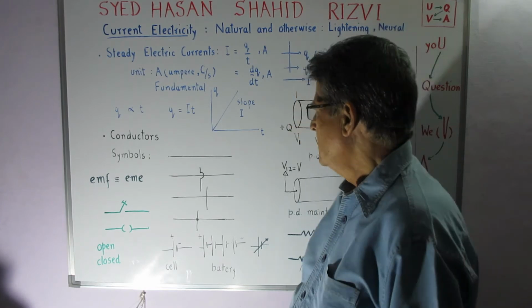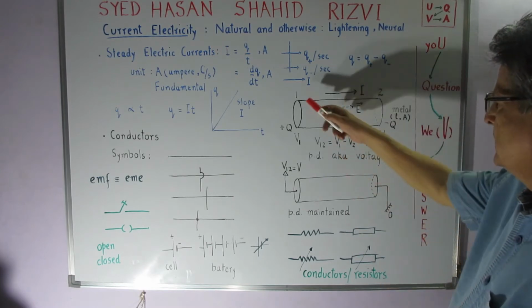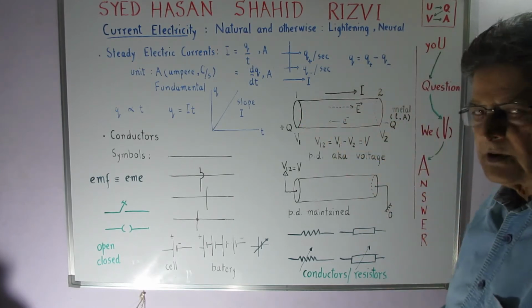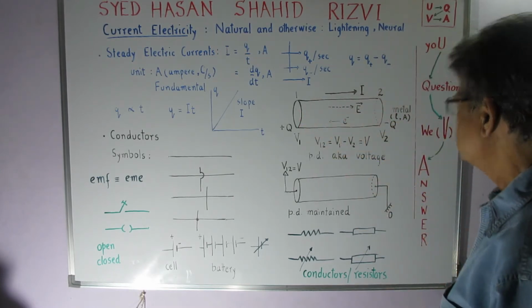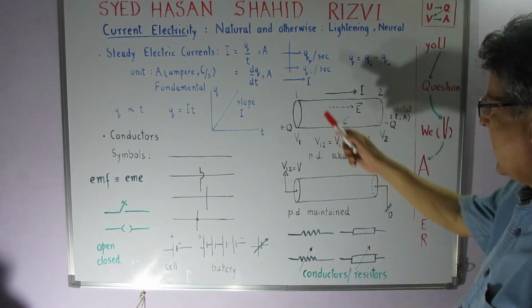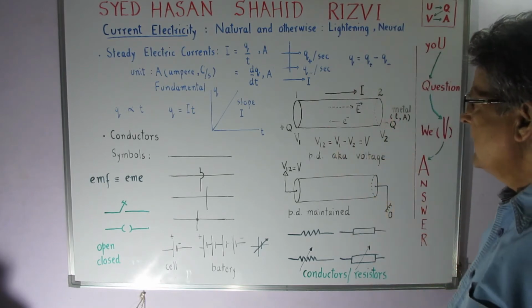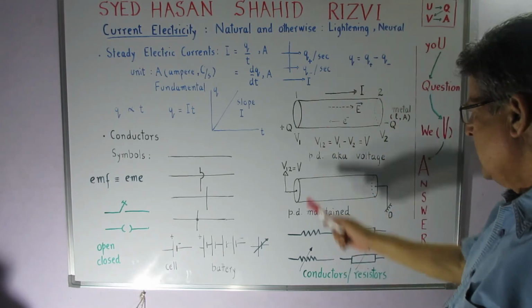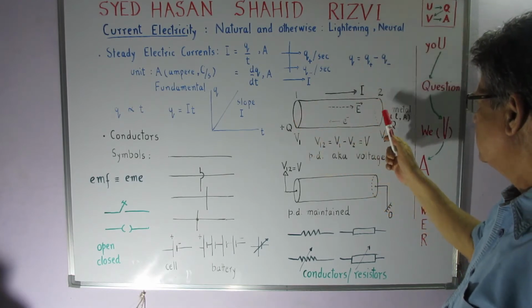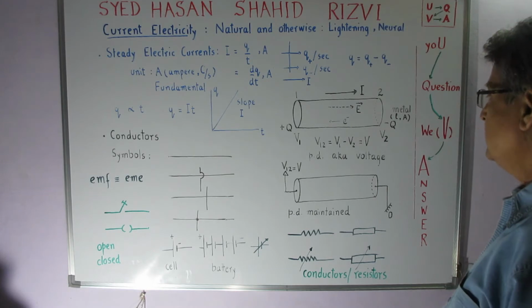I am just telling you about a cylinder made of, say, copper or silver, one of the conductors. Suppose I have these two faces through which a current is passing, if this is plus Q and this is minus Q. What will happen?